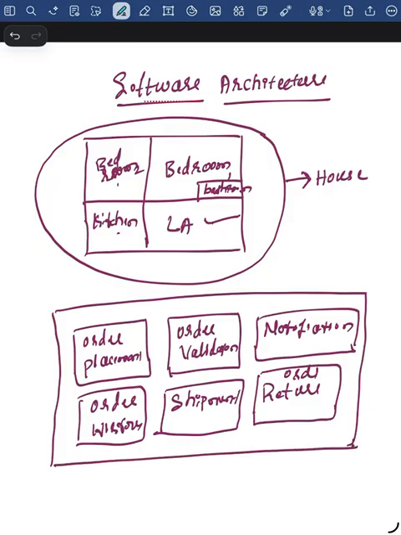Say maybe this is a food delivery application. These are all the components of that system: order placement, validation, notification, order history, shipment, order return.